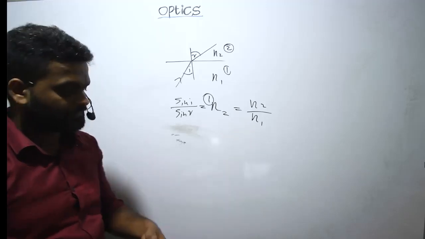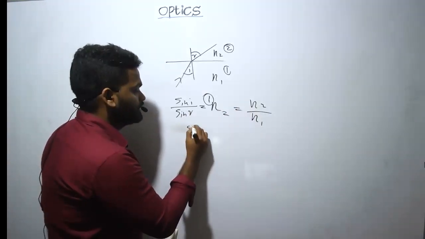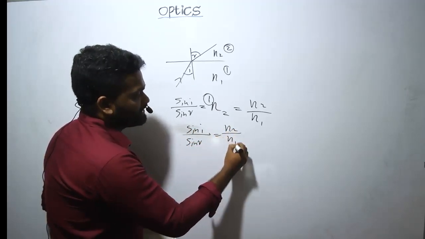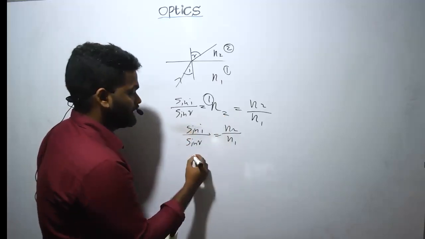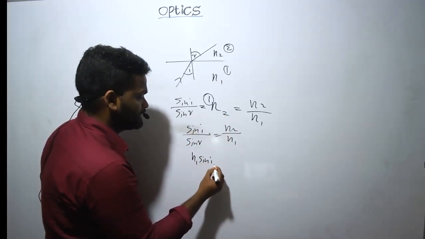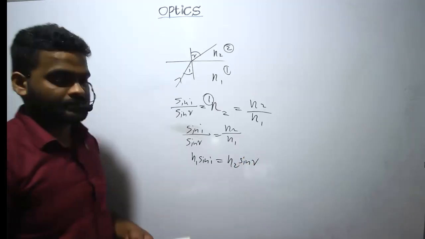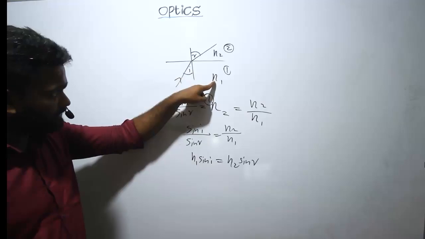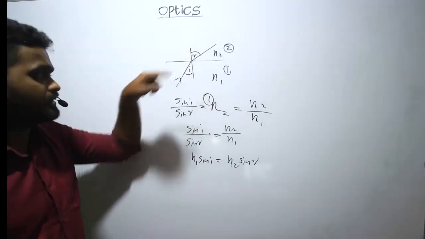So sin i divided by sin r is equal to n2 divided by n1. Then you cross multiply: n1 sin i equals n2 sin r.